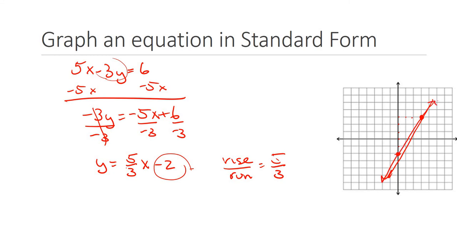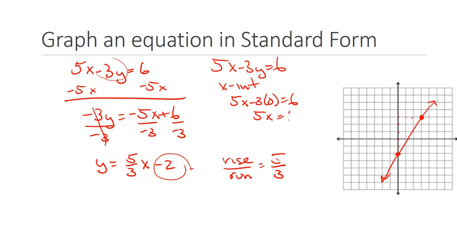Now we did in the last section graph these a little differently. We looked at 5x minus 3y equals 6 and we used the x and y intercepts. The x-intercept here, remember the value of x when y is 0, was 5x equals 6 or x equals 6/5. Well, 6/5 is just a little bit more than 1, so that looks pretty good, but it would be hard to graph that if I didn't know for sure.